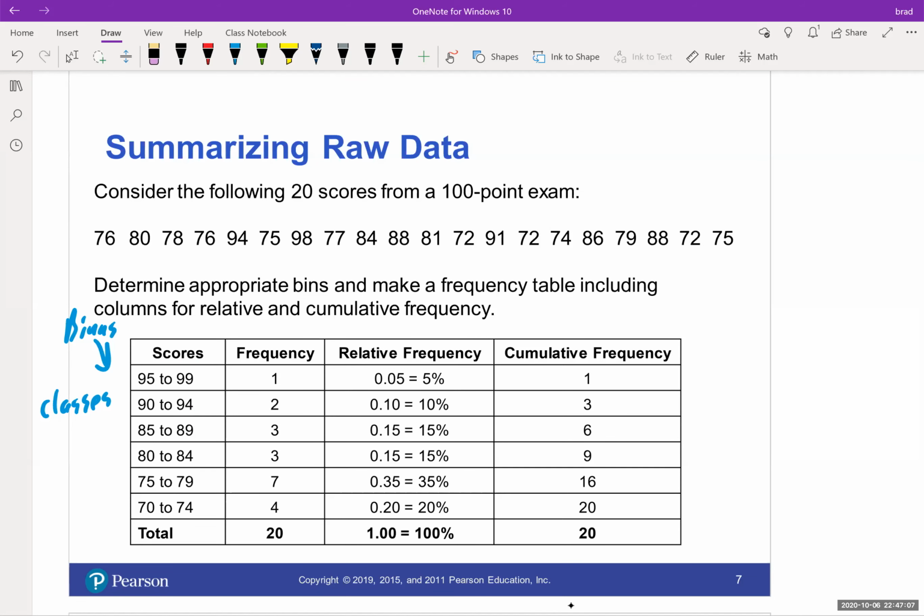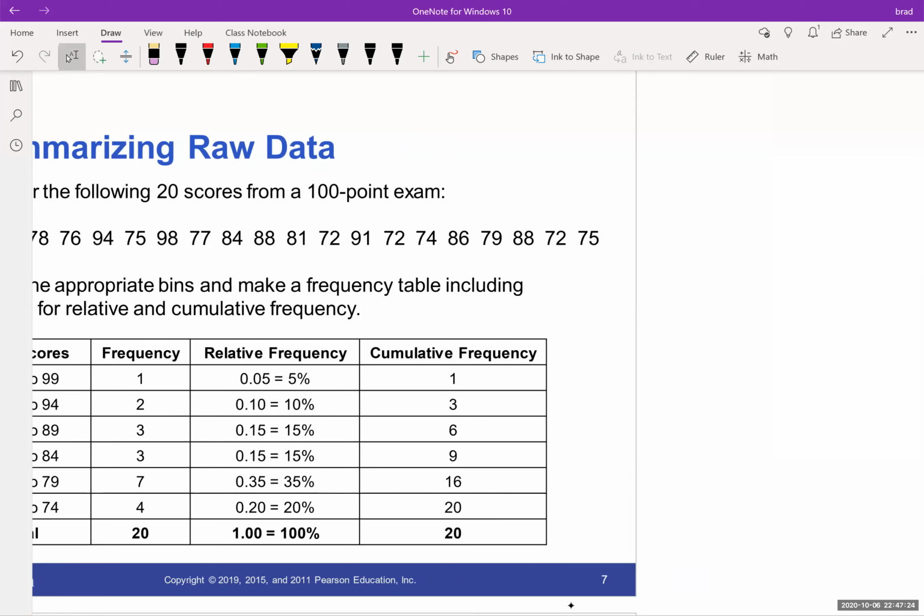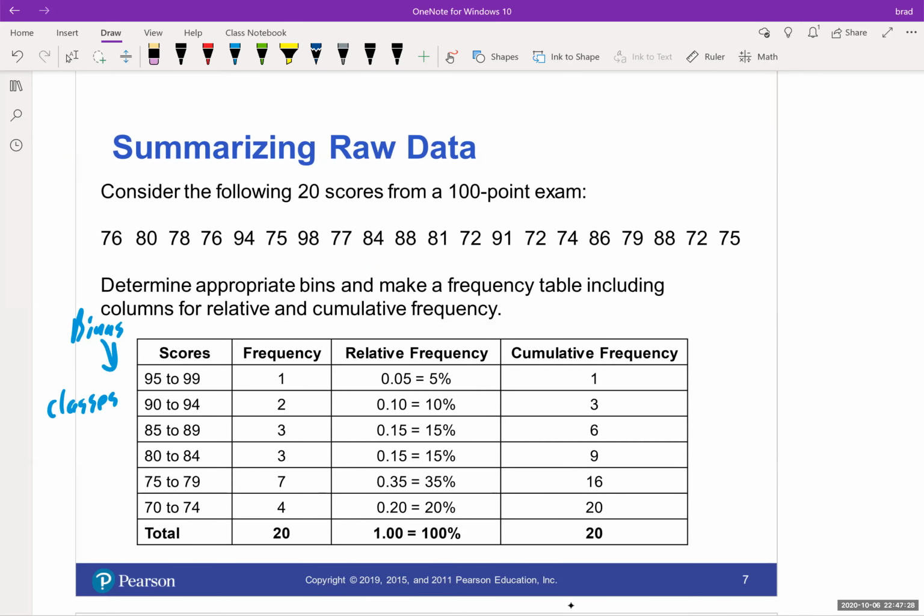So it says, consider the following 20 scores from a 100-point midterm exam, 76, 80, so on and so on. Determine appropriate bins and make a frequency table, including columns for relative and cumulative frequency. So on the exam, or the quiz, I may give you raw data and then ask you to create this table from scratch or match it to a correct table.